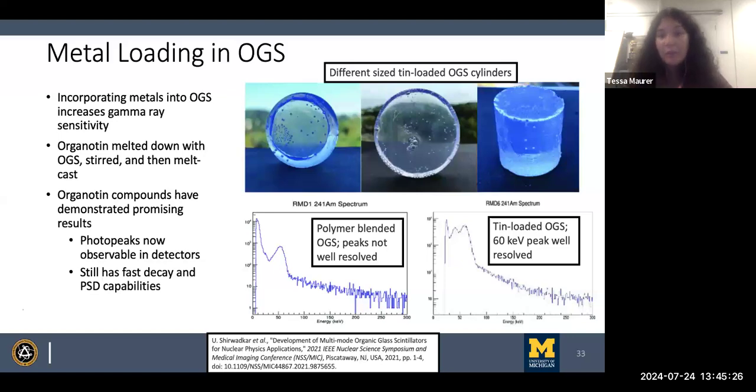That's exactly what was done here, primarily through a company called RMD, where they incorporated tin, specifically organotins, in a very straightforward process into the OGS material itself. They were able to resolve low energy photopeaks much better than if there was no tin present in the glass, and they were still able to make pretty clear samples, as you see here.